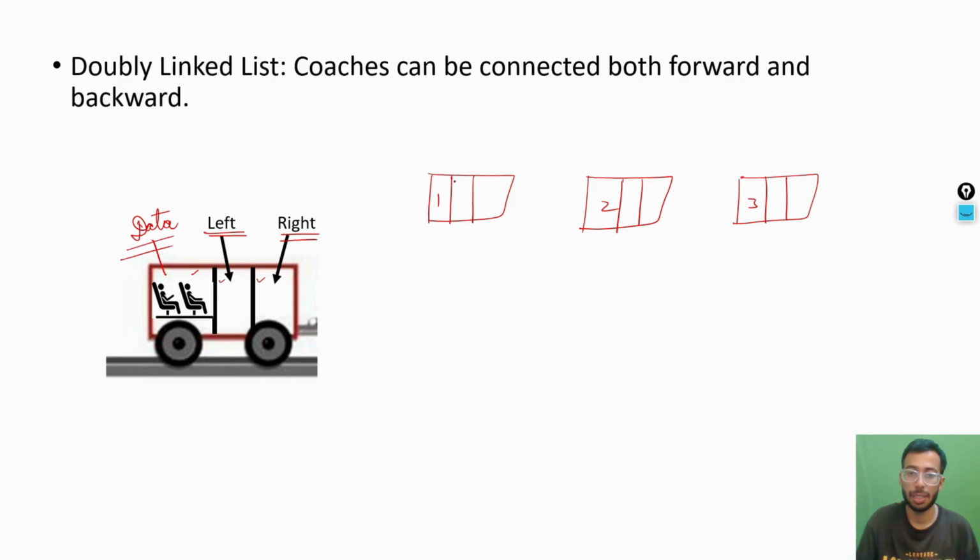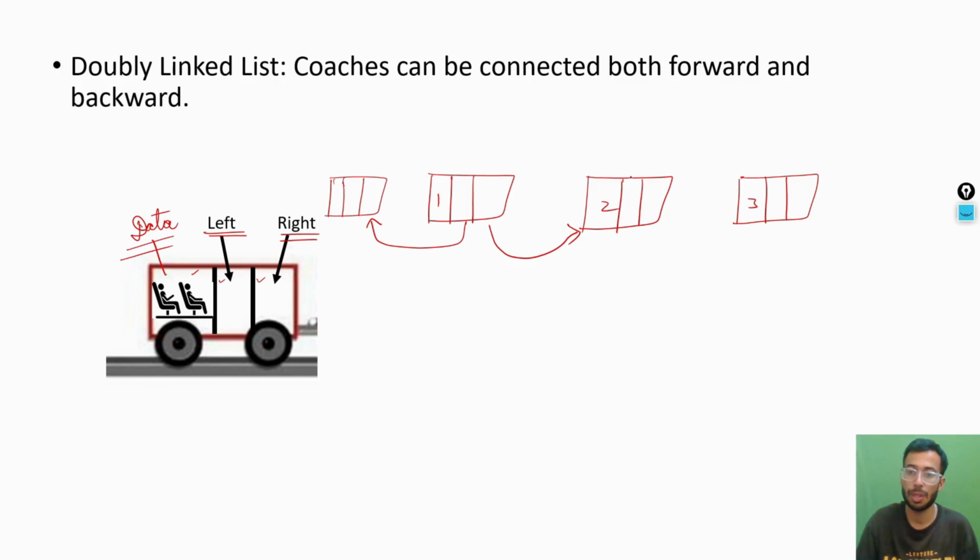Now this particular part of the node will contain the pointer that is referencing the node located to the left of this particular node, and this part of the node will contain the pointer that is referencing the right node.